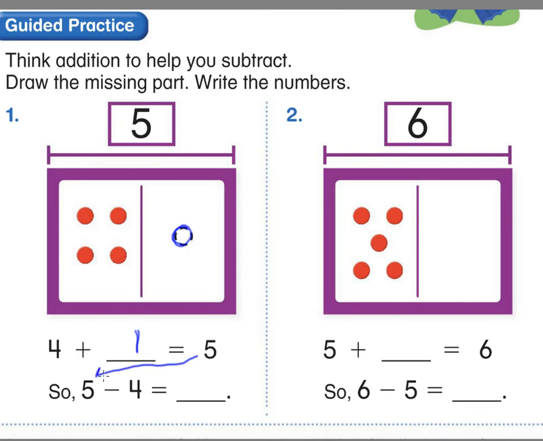They took this 5. They made sure that it went first. There's a subtraction sign right there. Perfect. So the big number's first, minus a part, and that was used up here. And so 5 minus 4 equals 1, because that was the other part from the addition sentence.